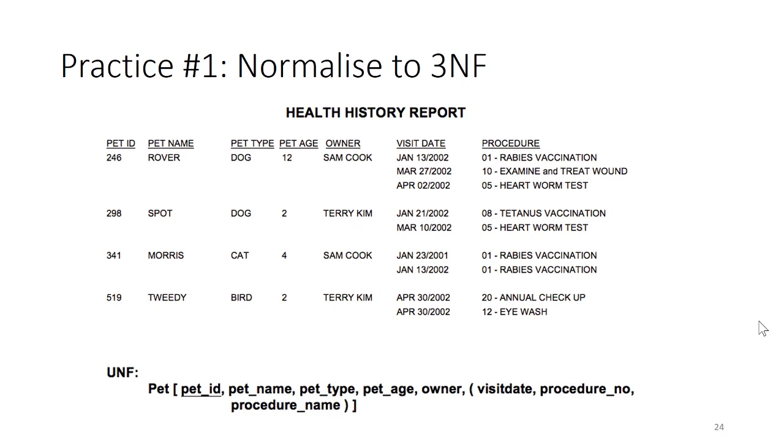The UNF schema notation would be something like this: pet as an entity for the whole form, pet ID, etc. So we are going to obtain the first, second, and third normal form. Okay? We are going to work on this on Canvas. I will provide you this question on Canvas, and please be involved in answering this question.